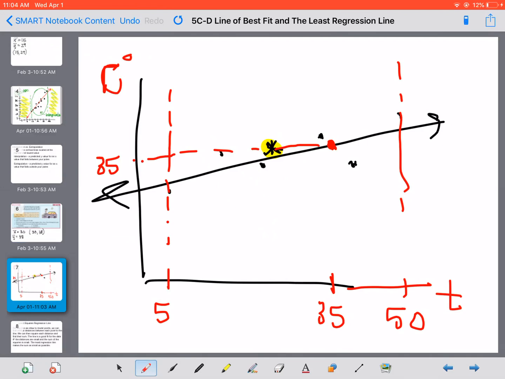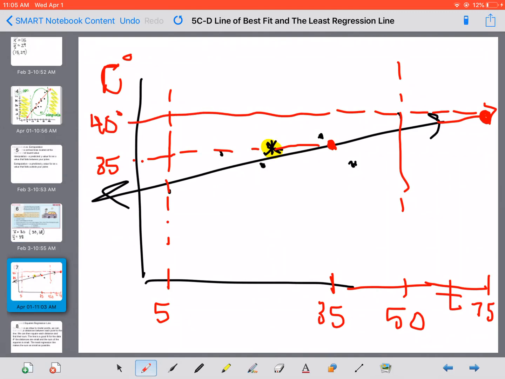Now, if it says to predict after 75 minutes, 75 minutes is going to be way over here. And when we go up and follow our line, and follow this over, it's roughly around 40 degrees Celsius. But notice that that point does not fall inside the poles, so that's not necessarily an accurate estimation, because it's an extrapolation situation.